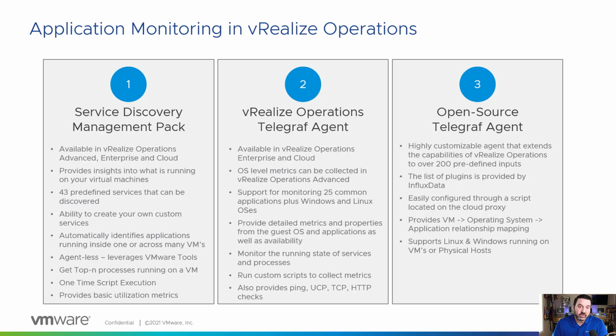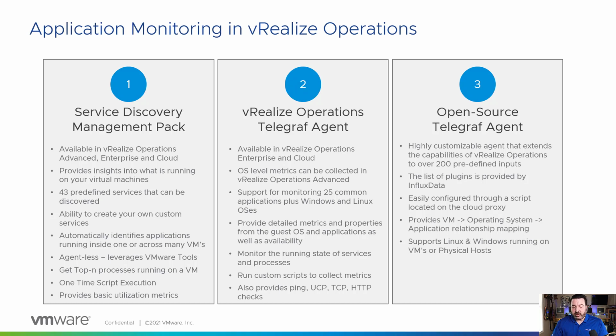We can run custom scripts to collect metrics from our applications and our virtual machines into vRealize Operations, and it can also provide various checks like ping checks and HTTP checks, right? We can go out and reach out to a web page and get the response code that we're getting from that. Are we seeing a 200 response code, or are we seeing some sort of errors with 404 or 500s, right? So there's a lot we can do with the vRealize Operations Telegraf Agent.